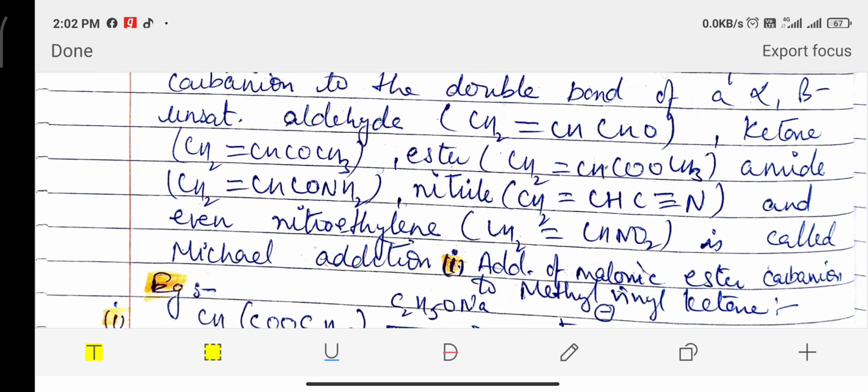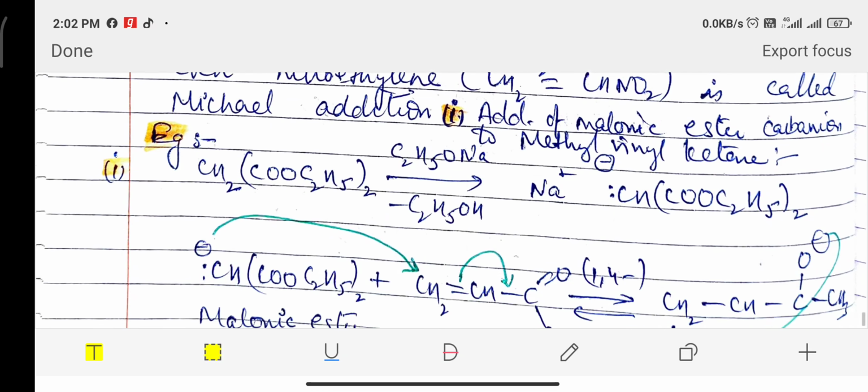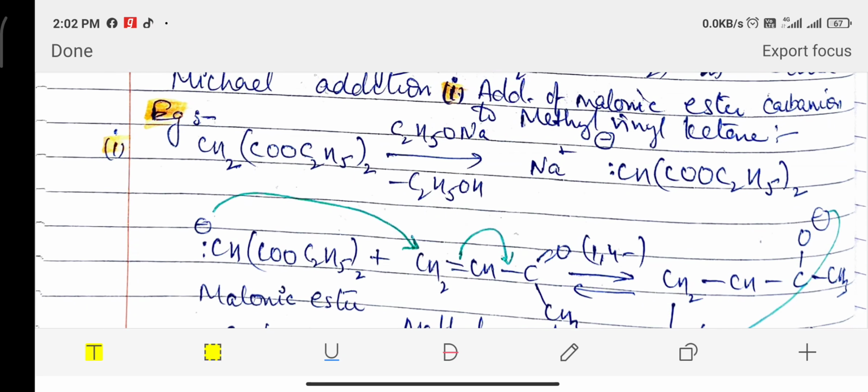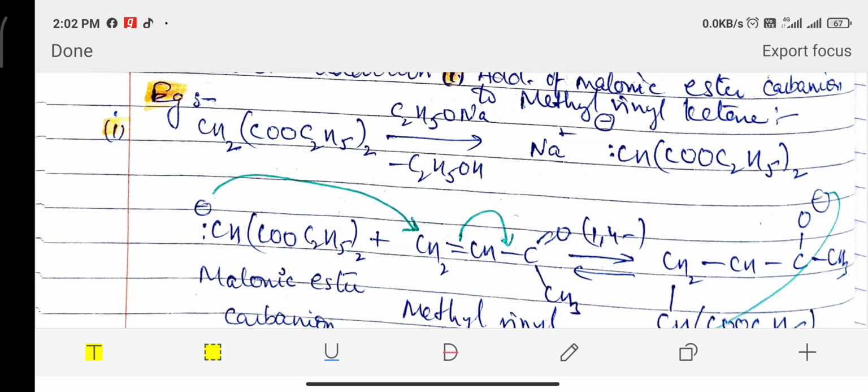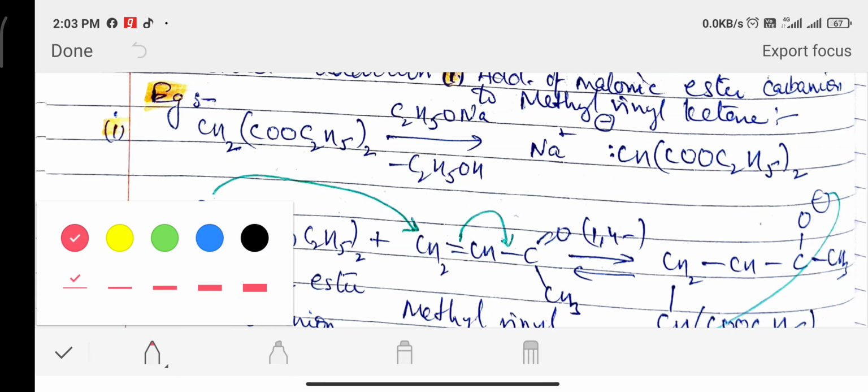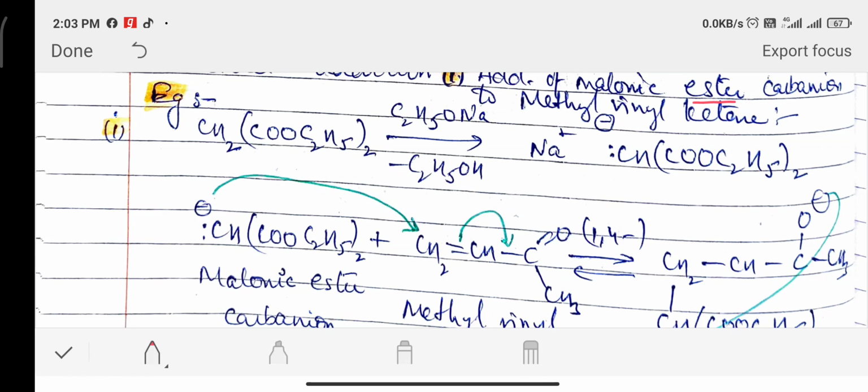And so let's take up an example. First is addition of malonic ester carbanion to methyl vinyl ketone. It is methyl vinyl ketone.